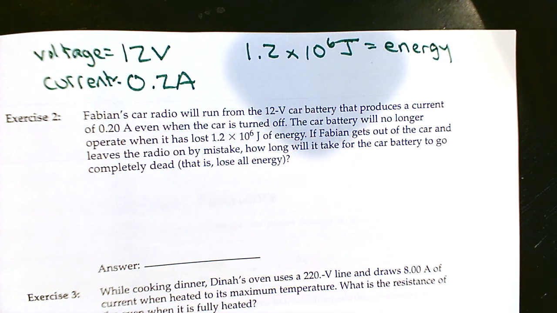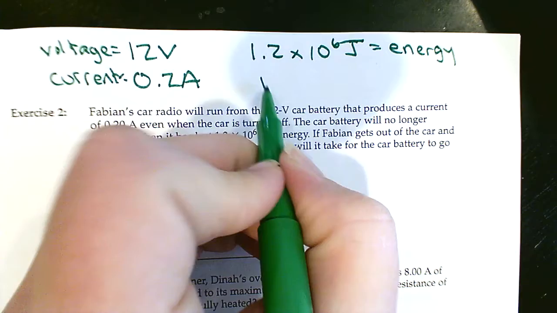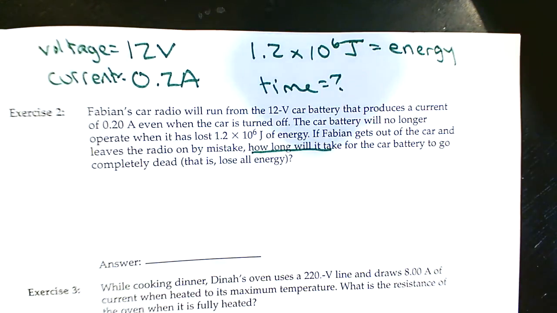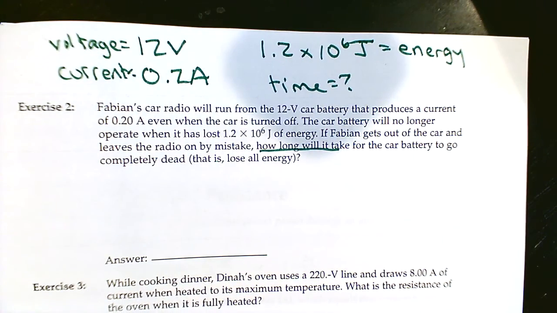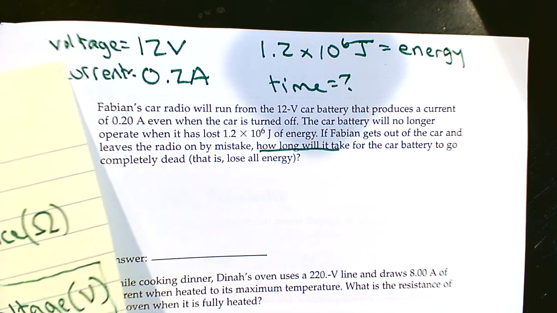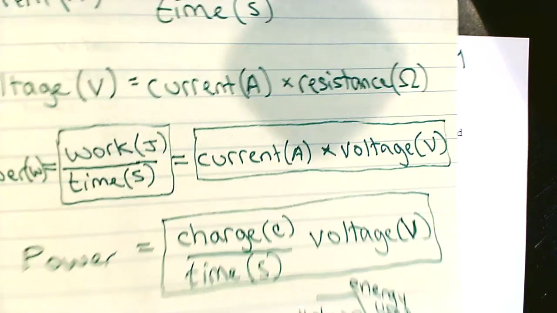Okay, so now what? We're trying to find, it says, how long will it take? Time is what we're trying to find. So my variables here are voltage, current, energy, and time.